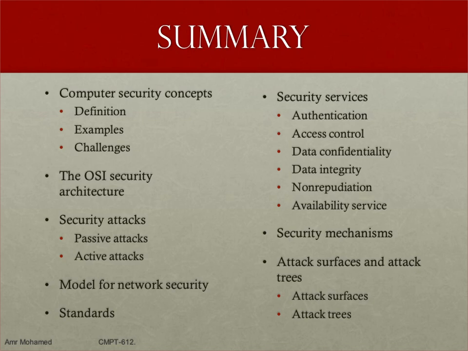We classified the security attacks into passive attacks and active attacks. And then we talked about the model of network security and standards. We talked about security services, including the ones I just mentioned, and security mechanisms. So this is the end of chapter 1.